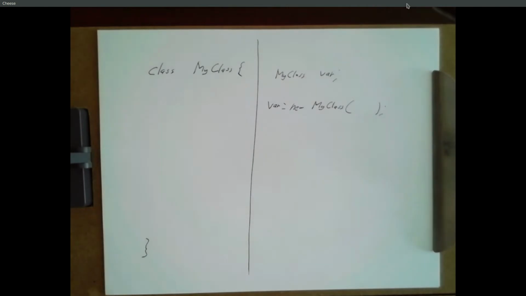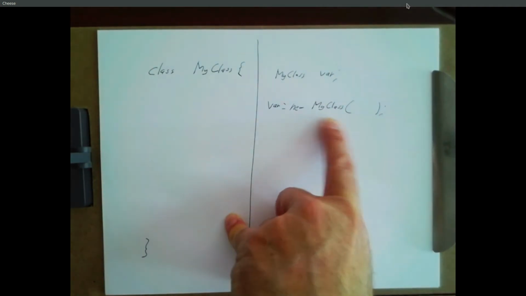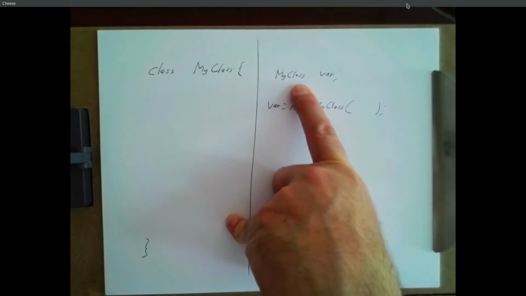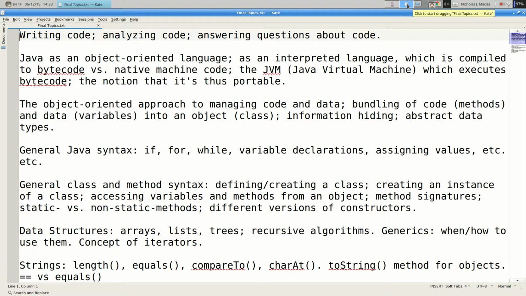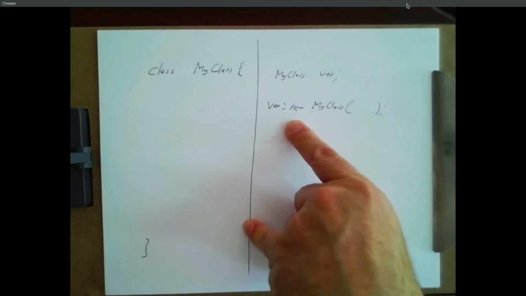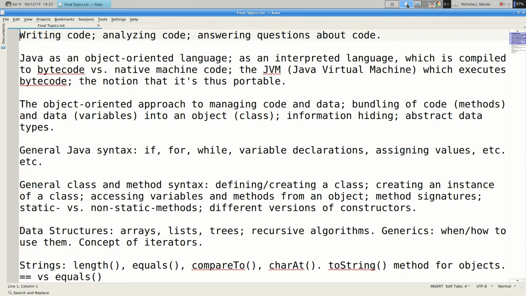And that's kind of doing what you would do with malloc in C. That's actually allocating memory, but it's also potentially running some code to do some initialization, and now var actually refers to a full-blown object of type MyClass. So we also call this an instance of the class. So var is an instance of MyClass, and sometimes this is called instantiation or construction.